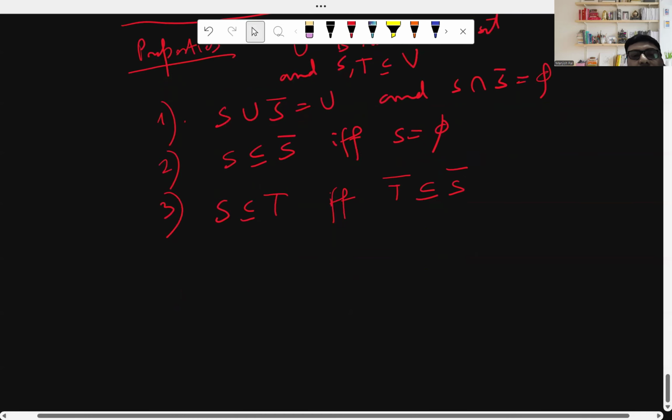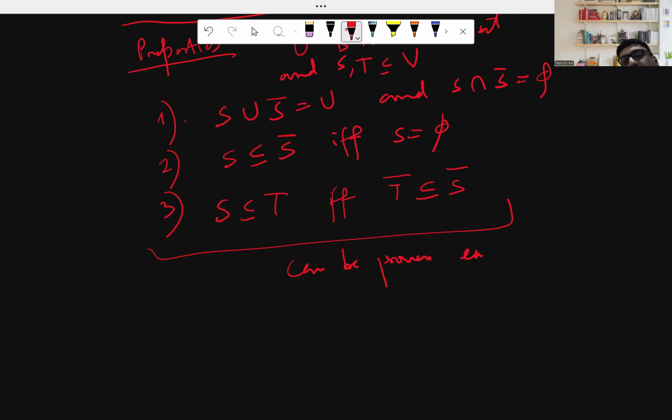So there are a few more of these properties which can be proven easily using a Venn diagram or the notation.